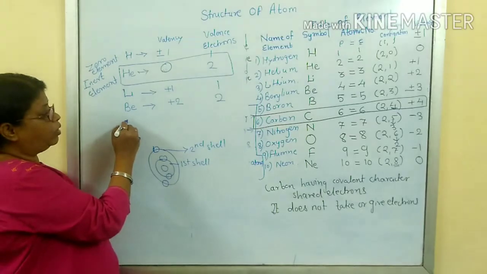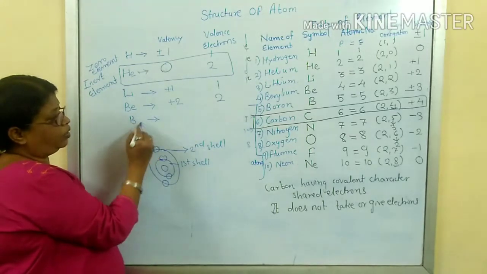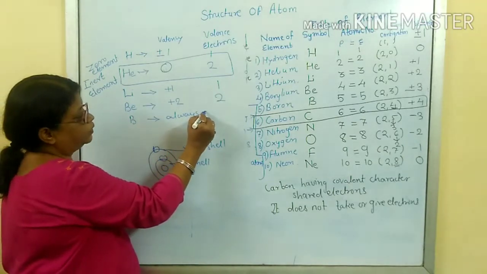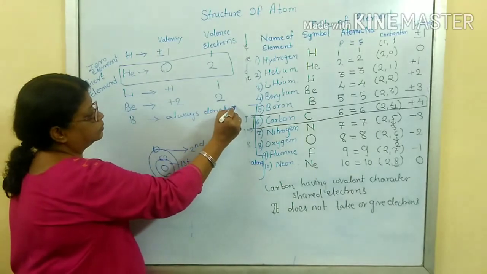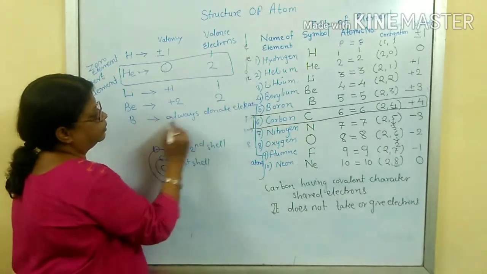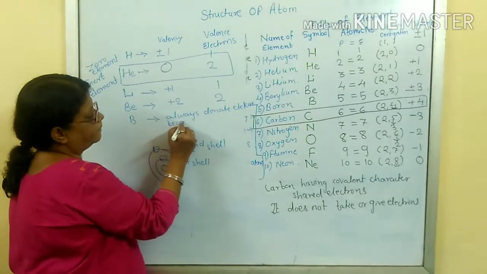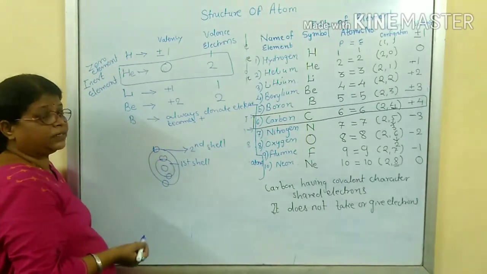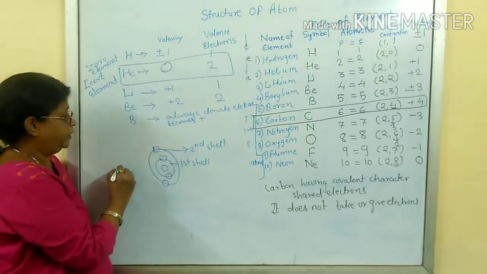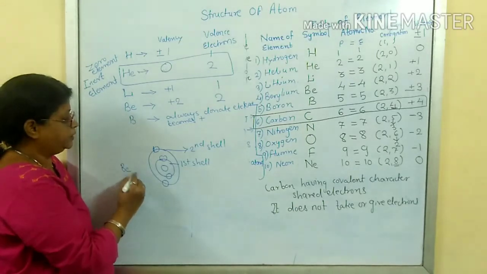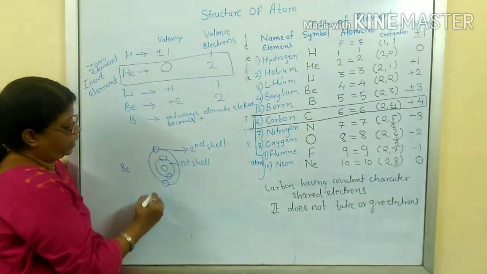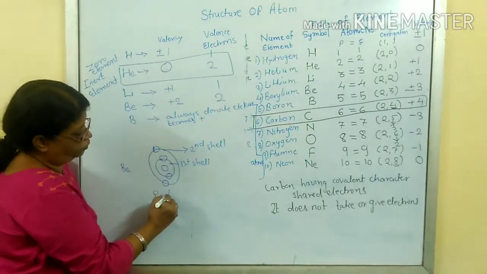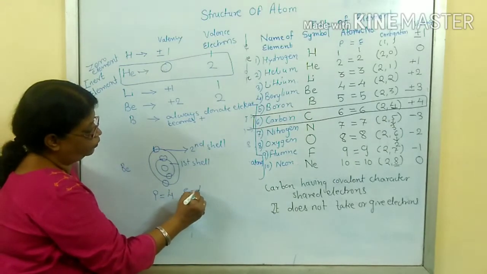Up to boron, they always donate electrons and become plus. Why do they become plus? Here in beryllium, we can see why. The proton number is 4, meaning electrons are also 4.